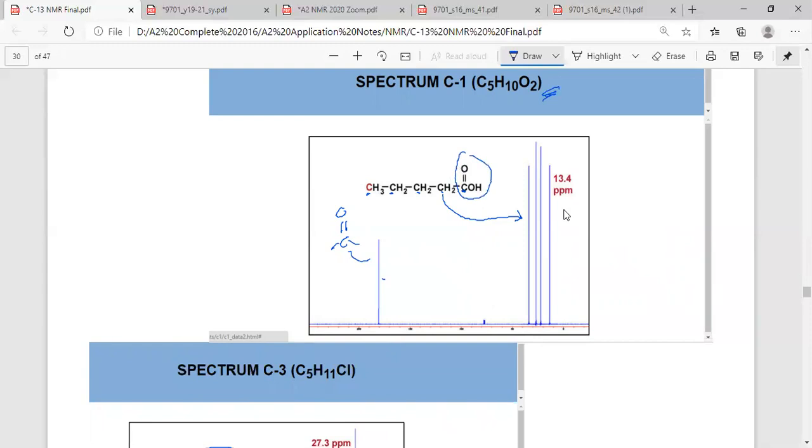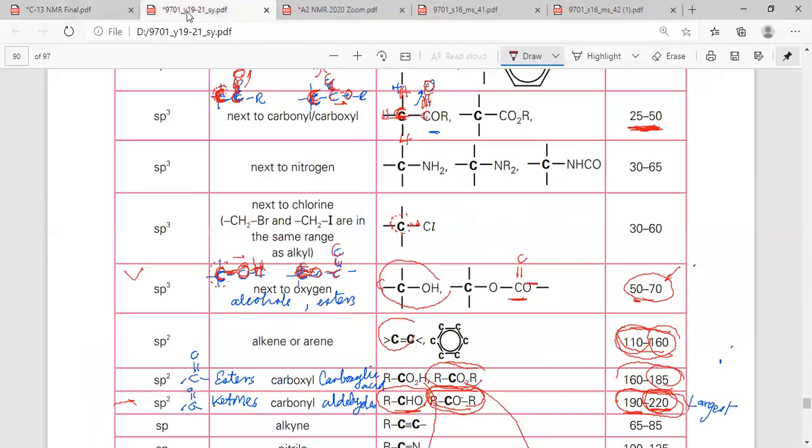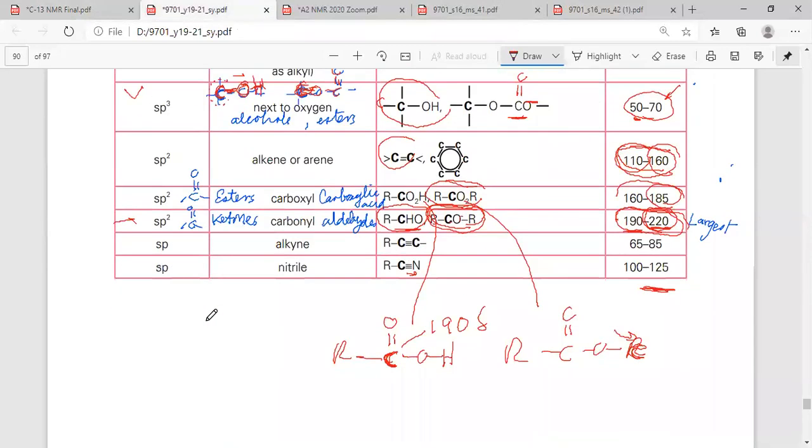I told you carboxylic acid is the second highest next to your ketone and aldehyde. See here? Carboxylic acids. Yeah. Okay. Which is about 160 to 185. 185, of course, is for your esters. Okay. You don't need to memorize it. You just need to be aware of such a thing. Okay. You need to refer to it during exams.